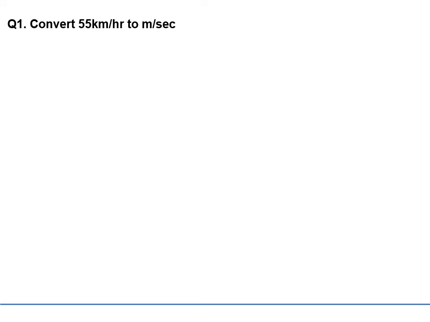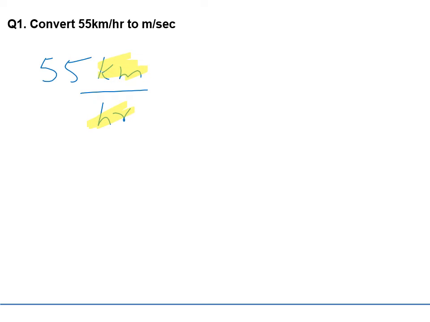So suppose you have a question to convert 55 kilometer per hour to meter per second, right? So in this question you have 55 kilometer divided by hour, and you need to convert this kilometer to meter and this hour to second.